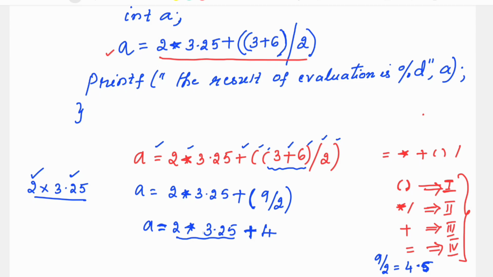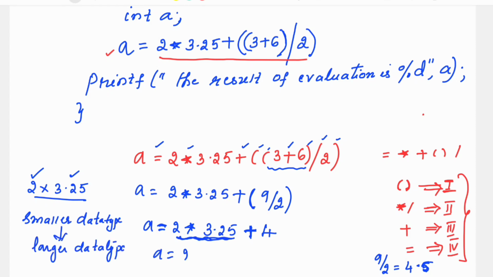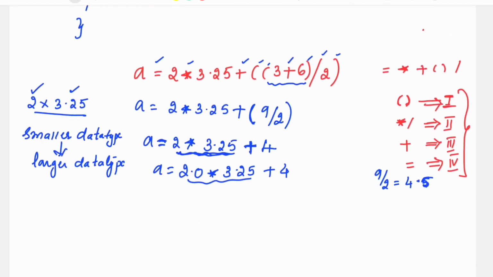Whenever you find a mixed mode arithmetic expression, the operand of integer data type gets converted into floating point. That means a smaller data type gets converted into a larger data type. So in this case, 2 will be written in floating point, then it is evaluated here. So it becomes 6.50 plus 4.